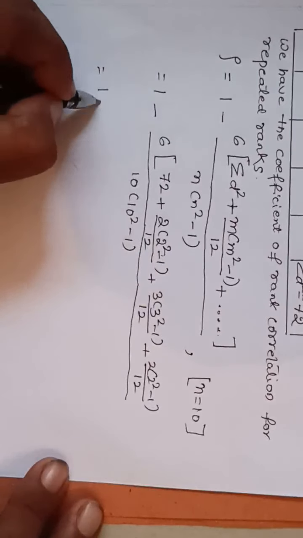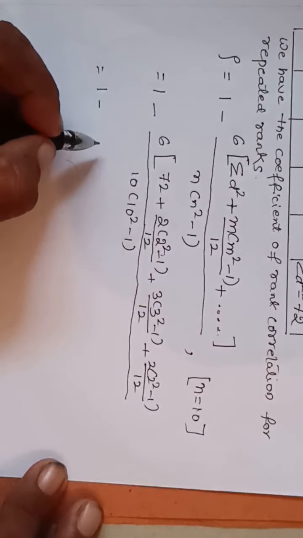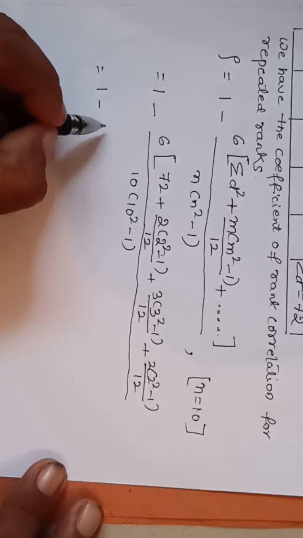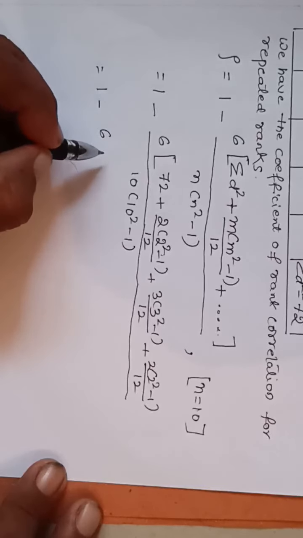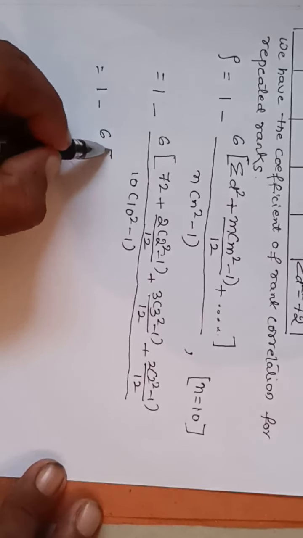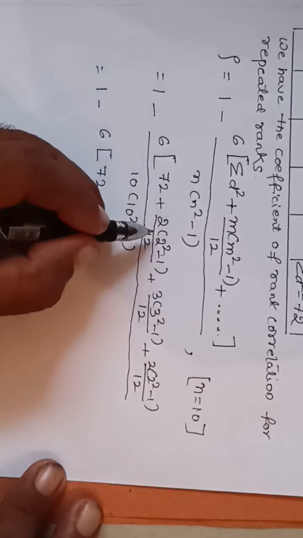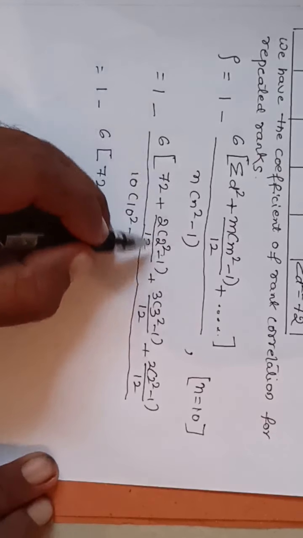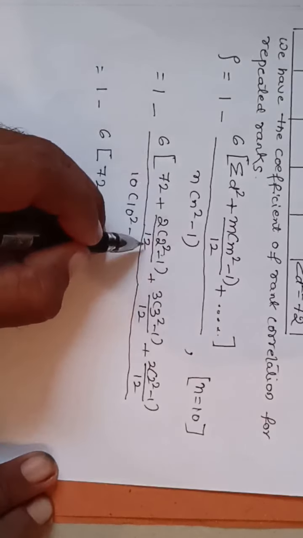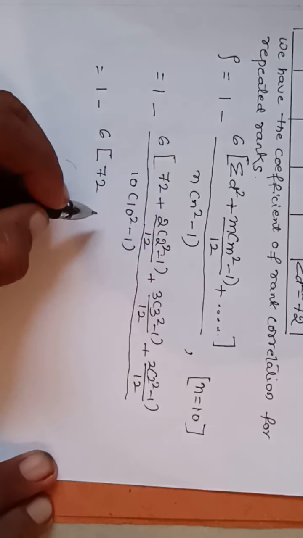So it is simple: 1 minus 6 into, here, first is 72. Here, 2 to the 4 minus 1 is 3, 3 into 2 is 6, 6 divided by 12 is 0.5.